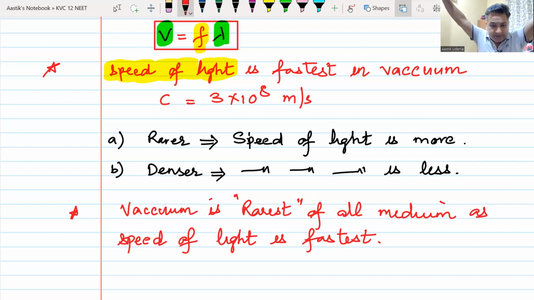Can I have raised hands from everyone that we are getting this? It's not going above our heads. Well done. Now, rarer medium, denser medium. Vacuum is the rarest of all mediums.